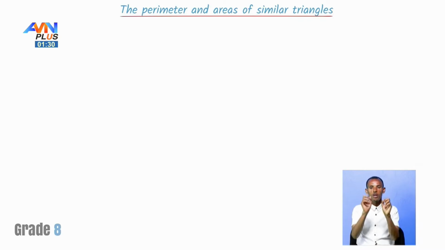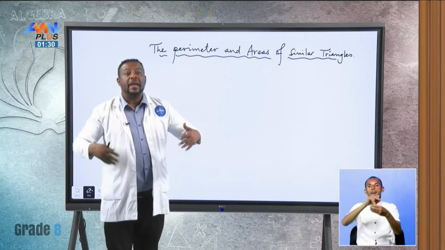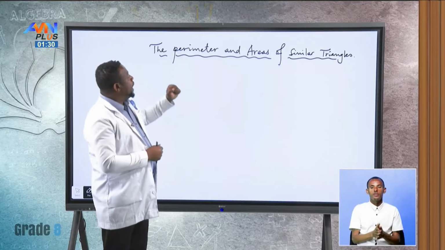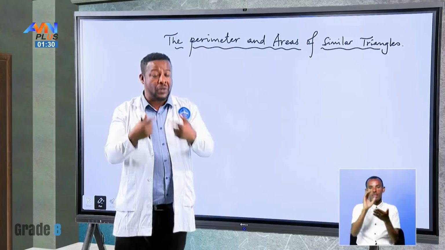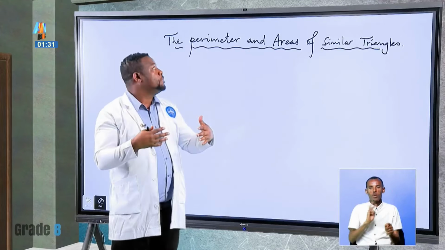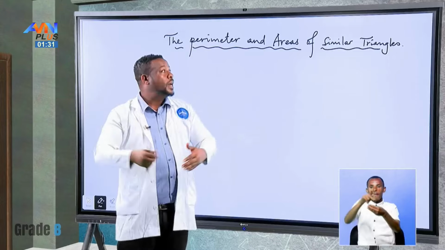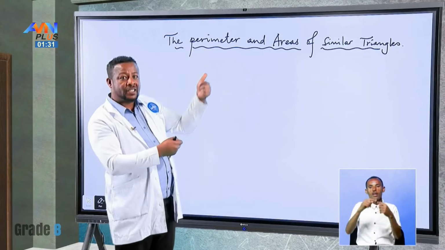Okay. So under this topic, we will try to see a certain relationship between the perimeters and areas of similar triangles. To explain this, I will take two triangles so that we will see the relationship between sides, perimeters, and areas, right? I will try to include sides in this topic.